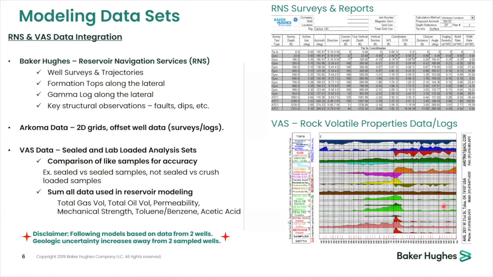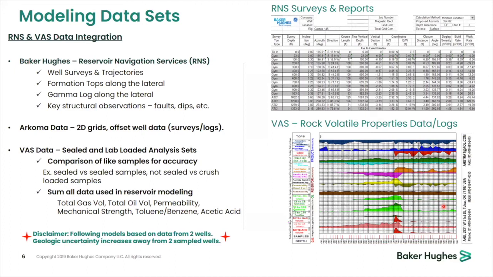Additionally, data was provided by the client, and it included a couple of different 2D grids of significant surfaces and offset well data that included some surveys and logs as well. This provided the backbone of the model we're going to take a look at. Then I started working with Mike and Chris at AHS with the VAS data. We had a goal in mind to create a 3D visualization of the geochemical signatures of the fluids in the reservoir.